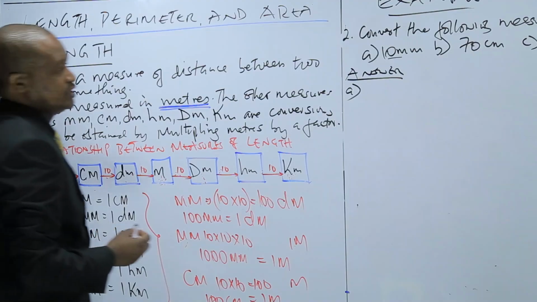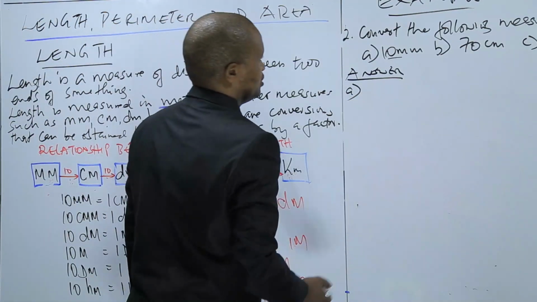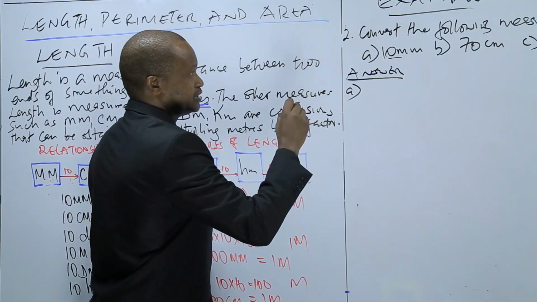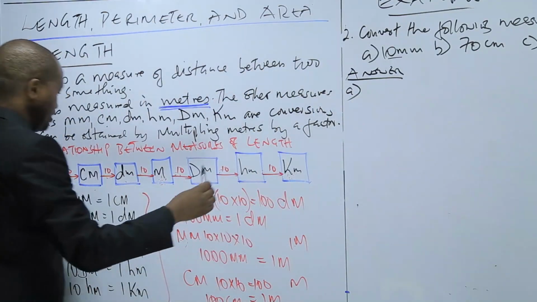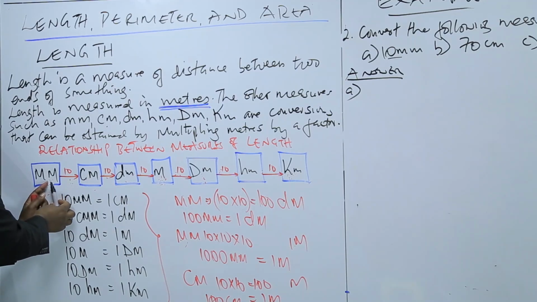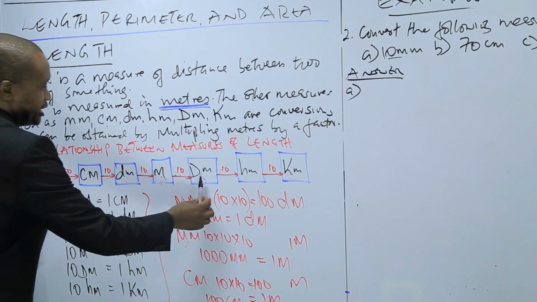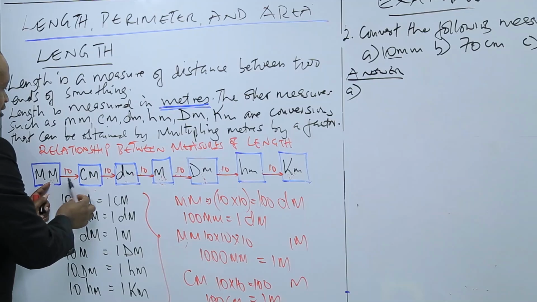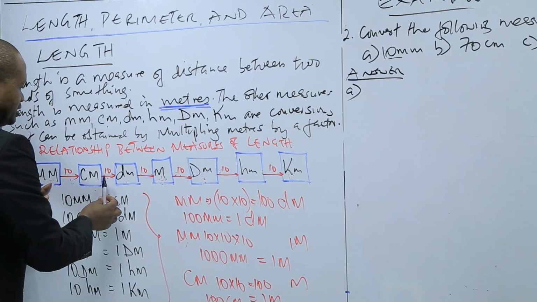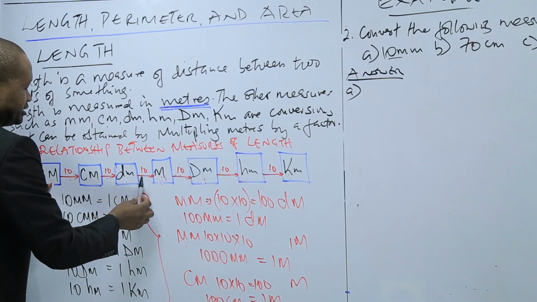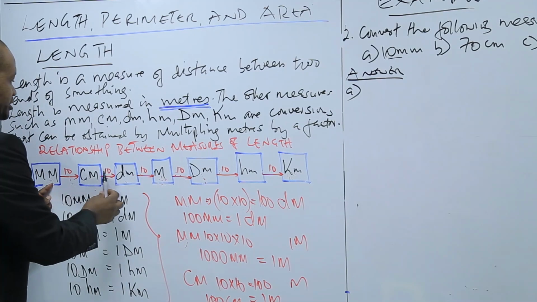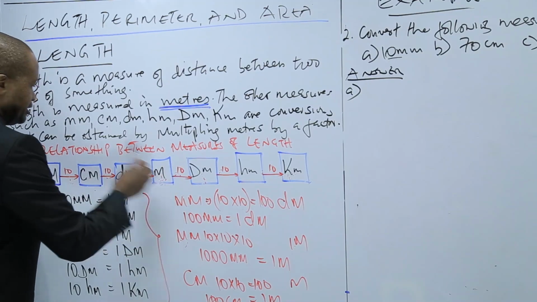So let us now see how to answer this question. We are talking of millimeters to decameters. We check between these two, millimeters and decameters, how many tens are in between. So these are 1 ten, 2 tens, 3 tens, 4 tens. So we multiply 10 times 10 times 10 times 10.